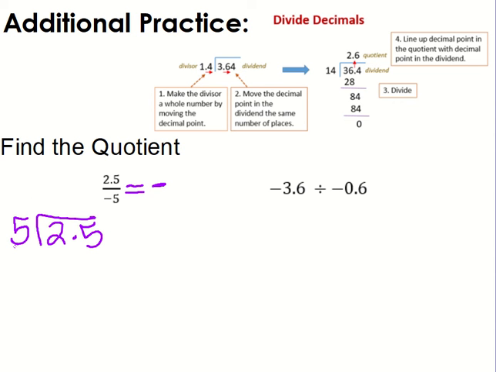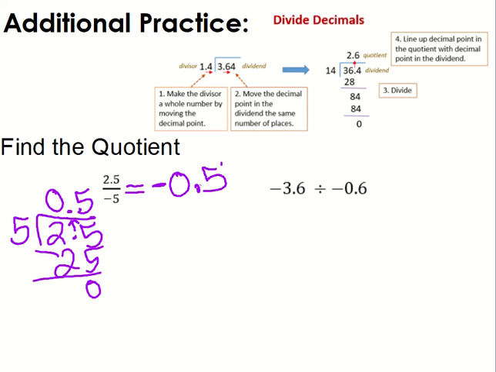My divisor is already a whole number, so I don't have to worry about moving my decimal. 5 goes into 2 0 times, 5 goes into 25 5 times, and then I just make sure I bring my decimal up so it lines up with my dividend, and we would get a 0 remainder. And so there's our answer, -5/10, or, sorry, -1/2, not 5.5. You can say either 5/10 or 1/2.